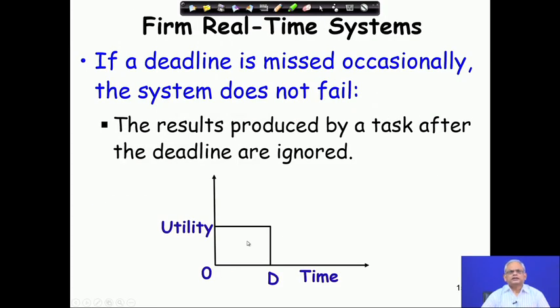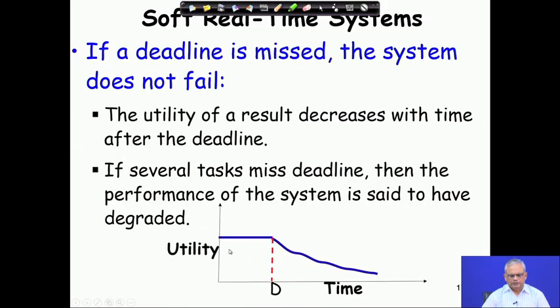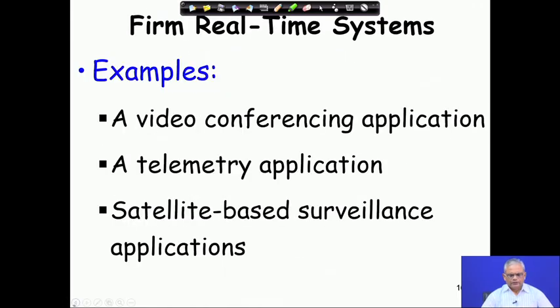In contrast, in a firm real time system, if a deadline is not met, the system does not fail, only the system ignores the result which is produced late. What is an example of a firm real time system? A video conferencing application.